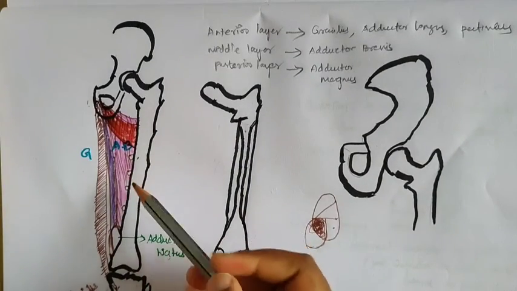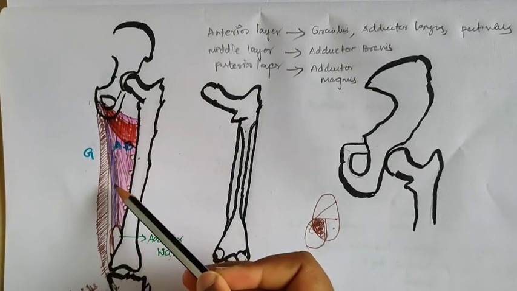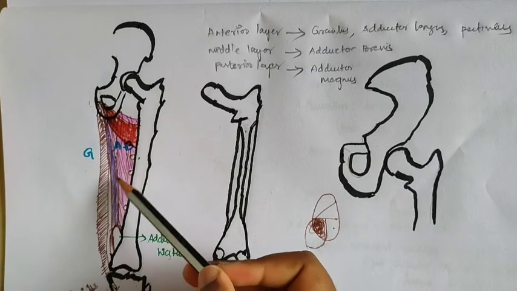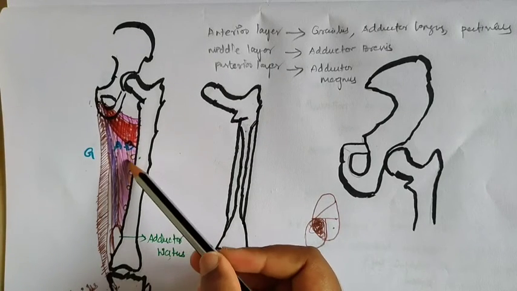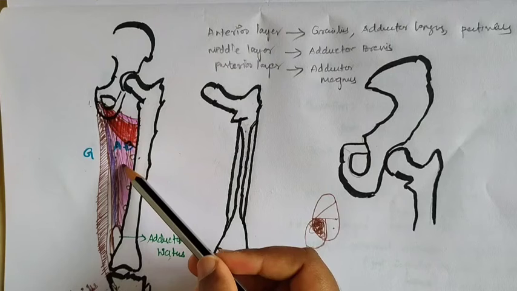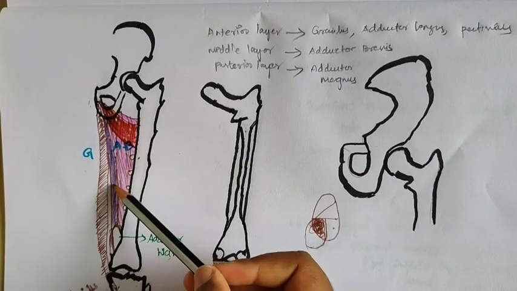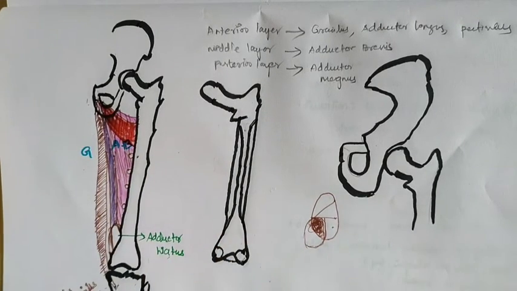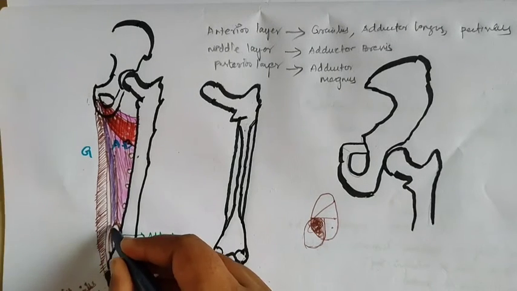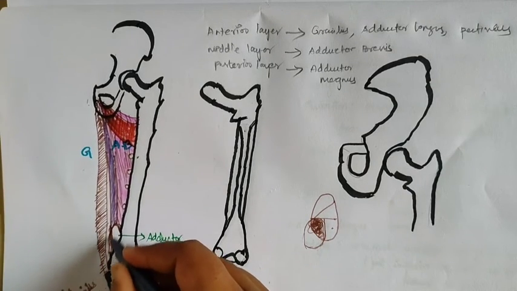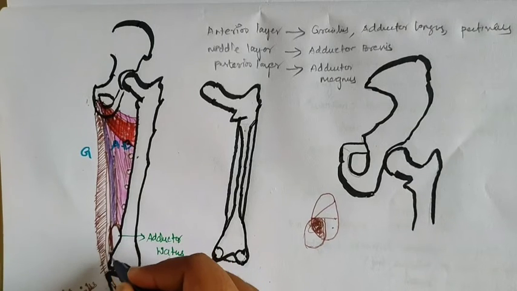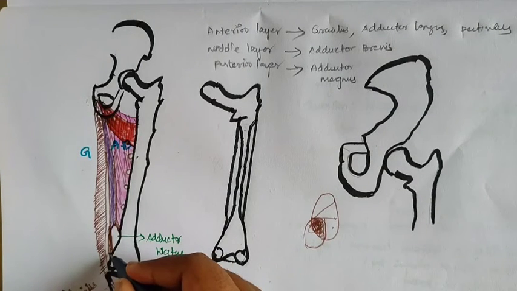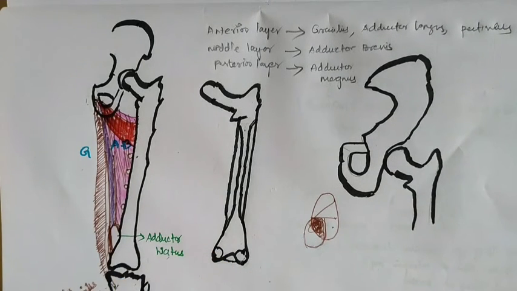Okay, I differentiated the adductor part and the hamstring part by these colors. This is the adductor part of Adductor Magnus muscle, and this is the hamstring part of Adductor Magnus muscle. This hamstring part tendon is rounded and inserted to the adductor tubercle.